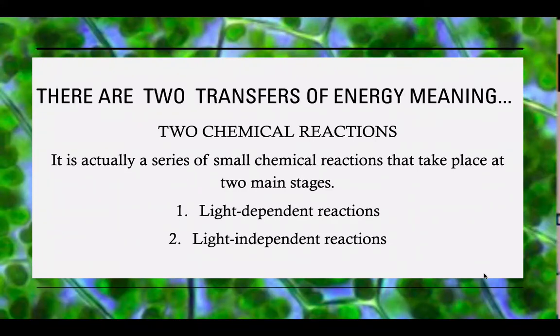Scientists have simplified photosynthesis into two main stages, or two big chemical reactions: light-dependent reactions and light-independent reactions.